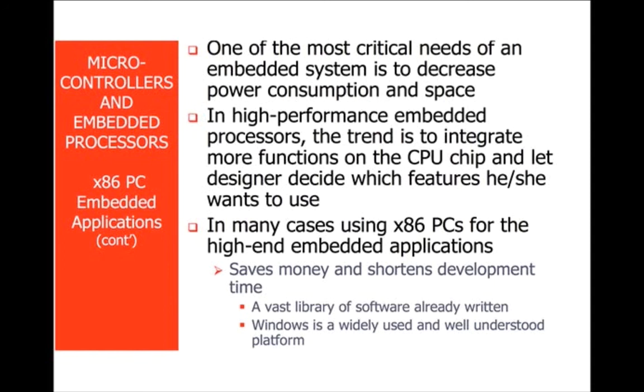In many cases, using x86 PCs for the high-end embedded applications saves money and shortens development time. There's a vast library of software already written, and Windows is a widely used and well understood platform.